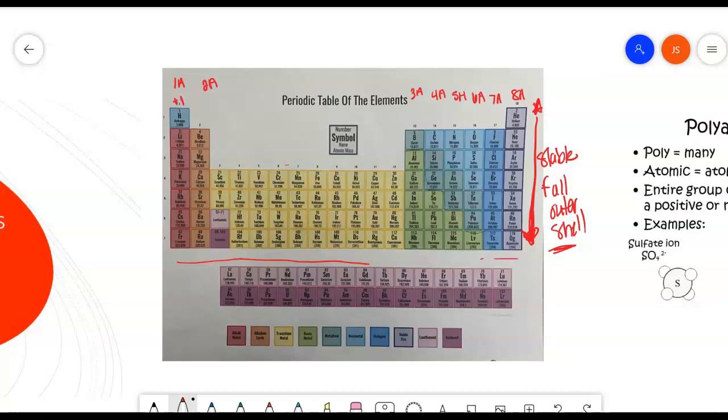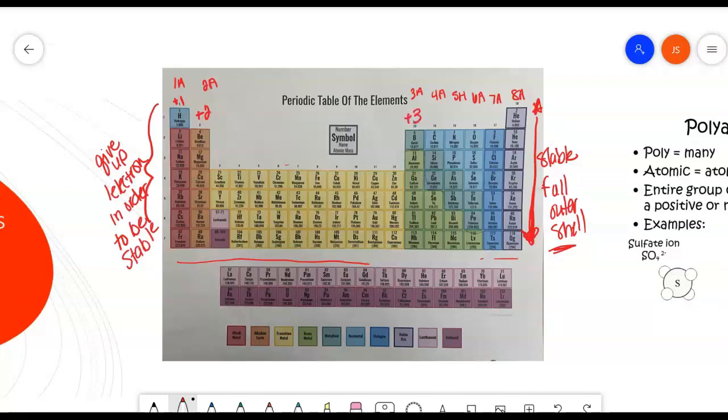The reason is that they are going to readily give up 1 electron in order to be stable. If we go up to group 2A, these are going to be +2 because they're readily going to give up 2 electrons in order to be stable.